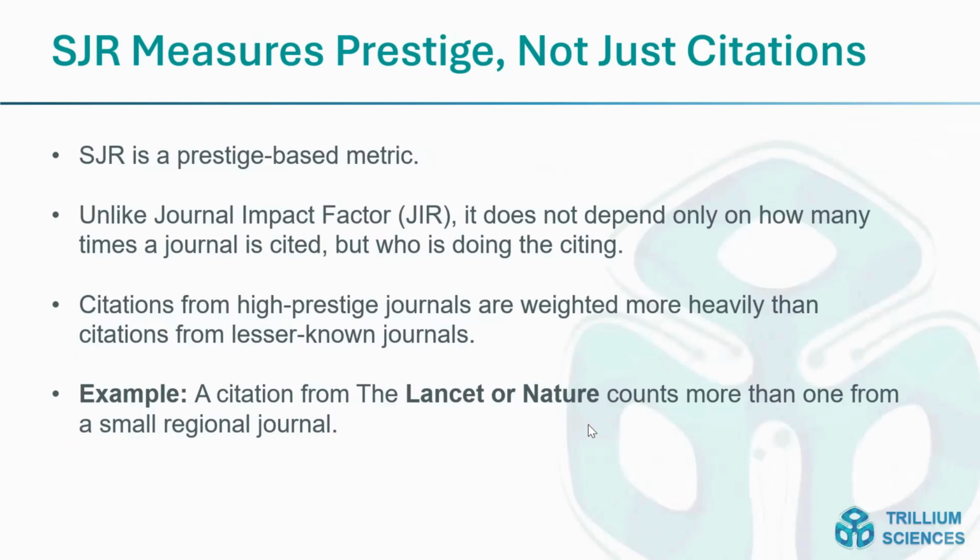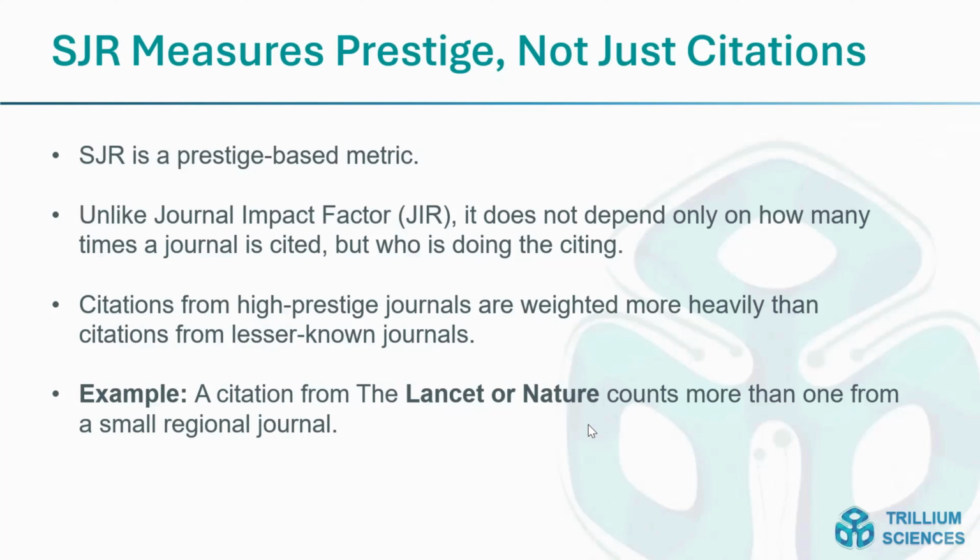So what about SJR? SJR is a metric that measures the impact of a certain journal. And SJR measures prestige, not only citations. In the last session, we talked about impact factor and mentioned that impact factor depends entirely on the number of citations. So SJR is a prestige-based metric.